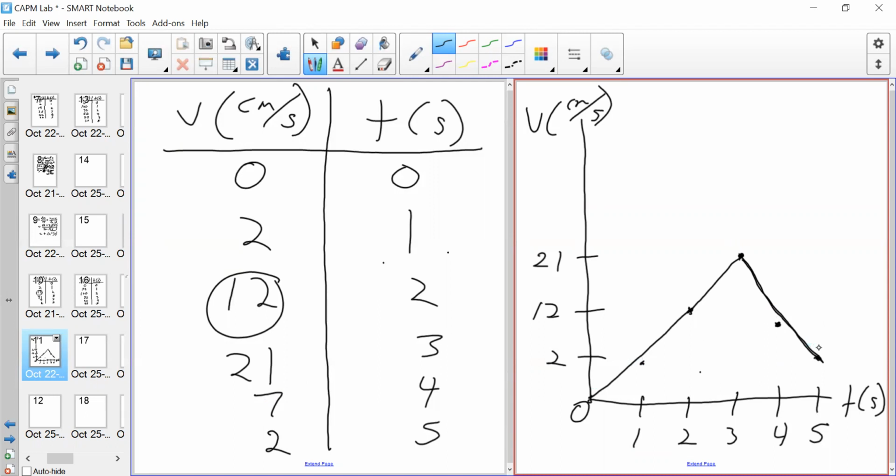So how are we going to go from velocity to acceleration? But before that, make sure that you've drawn your line of best fit that goes through 0, 0, of course, 2, 1, 12, 2, 21, 3, and so forth. So your line is going to be an increasing line all the way to your highest velocity, which in my case is 21.